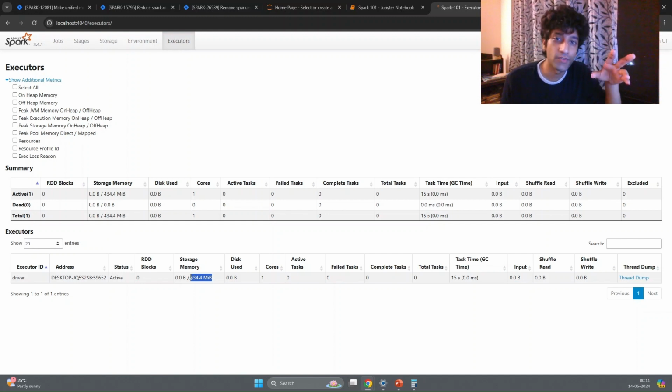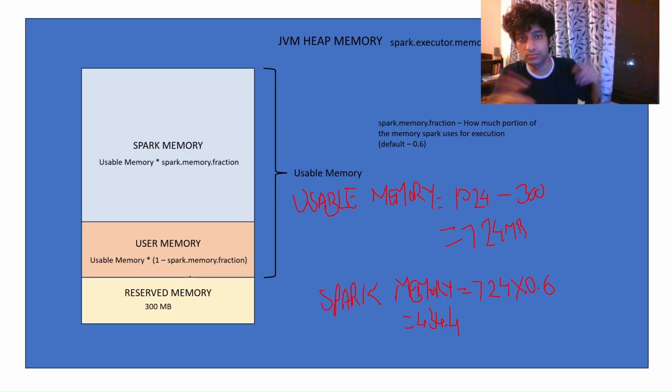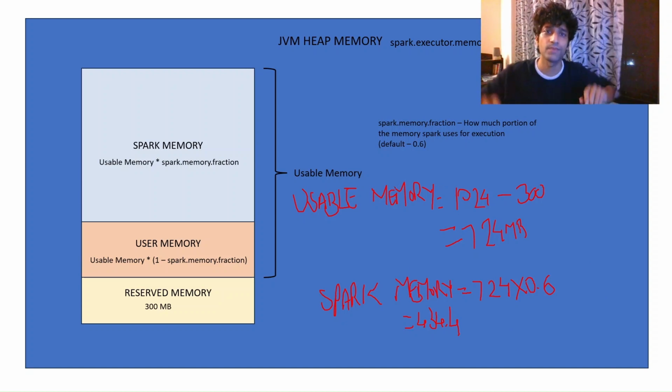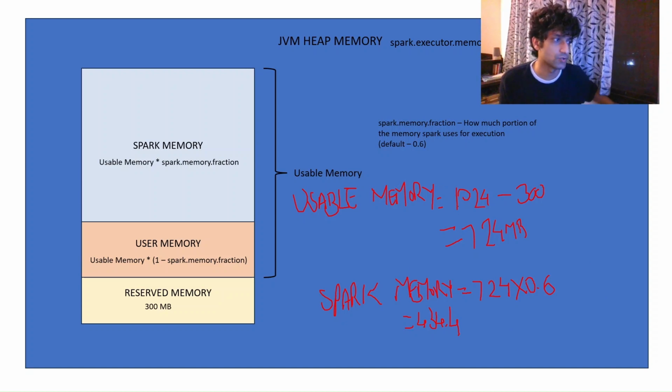But let's play around with it. Let's say we don't want to get 60%, we want 75% of spark.memory.fraction. Like we want to give more memory for the execution. So instead of doing this, we'll do 0.75.